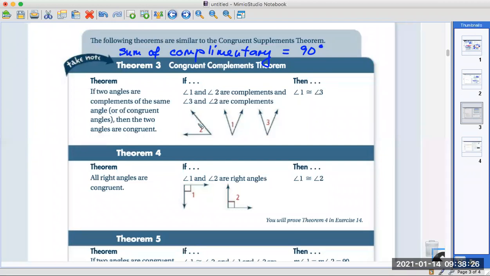So if you add the sum of these 2 angles, they will add up to 90. So I'll make this one, how about this one, 40? And then this one would be 50, right? So if 1 and 2 are complements and 3 and 2 are complements, then 1 and 3 must be equal, congruent.